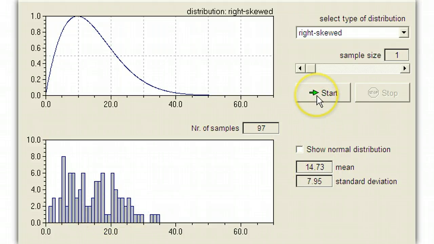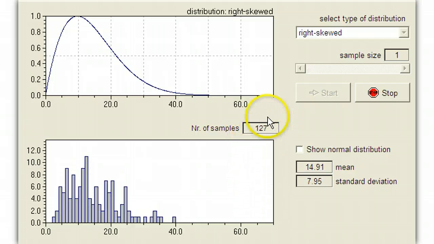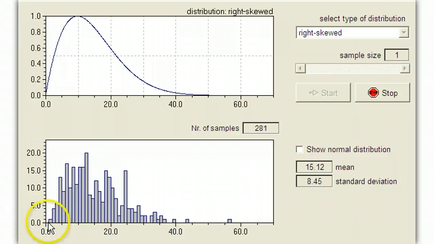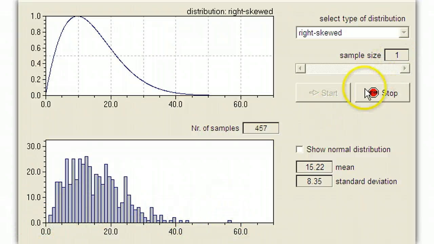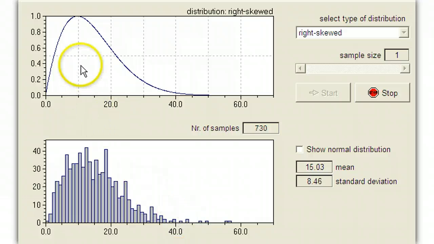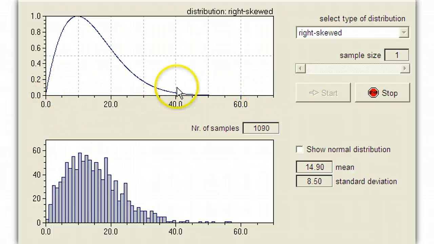I'm going to let it go a little bit longer, and what we're going to see is, as the number of samples gets bigger and bigger, the distribution of the averages of these samples of size 1 takes on the exact same shape as the distribution itself. This is basically the likelihood that we're going to pick these numbers.